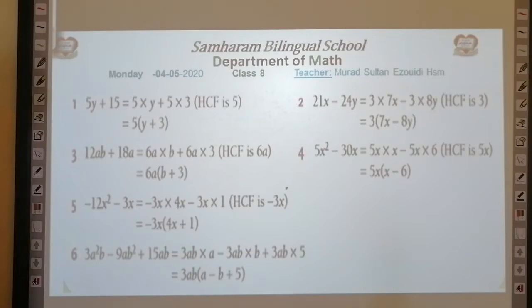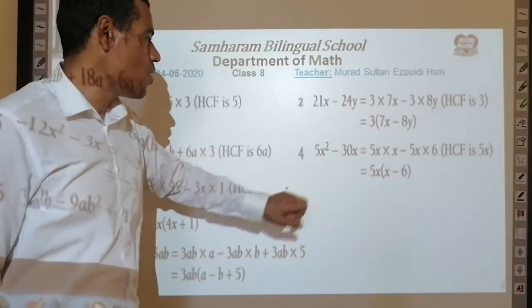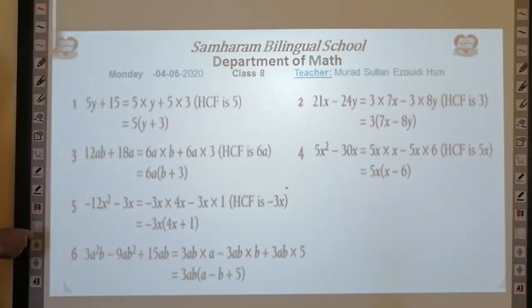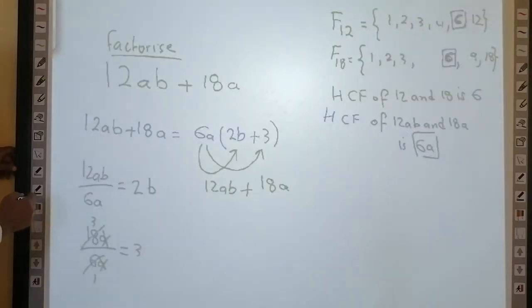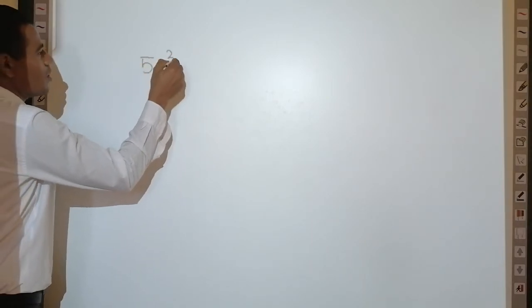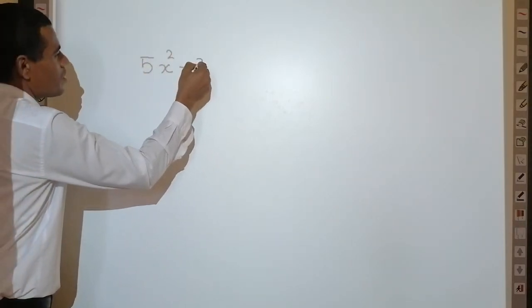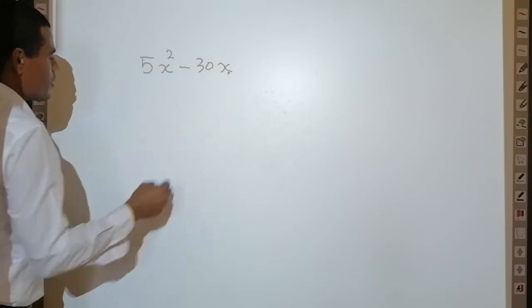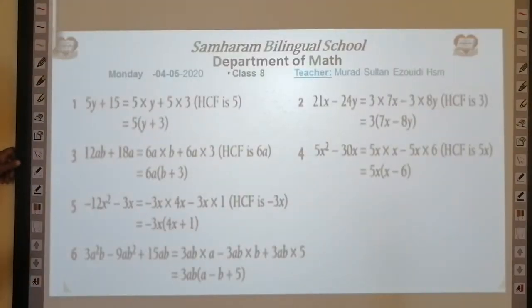Next. Here we have 5x squared minus 30x, isn't it like that? Okay, yes.